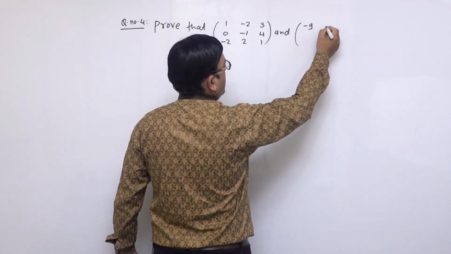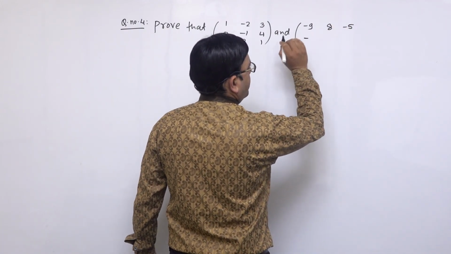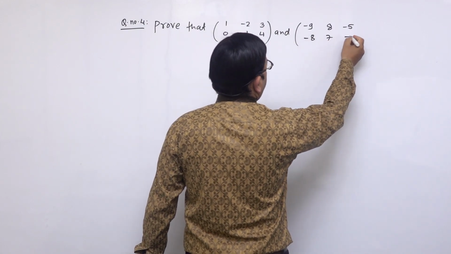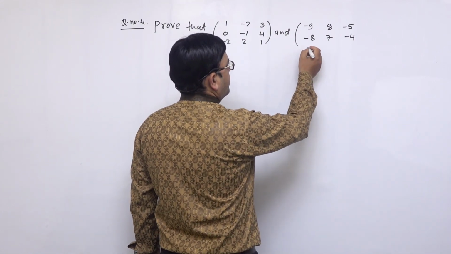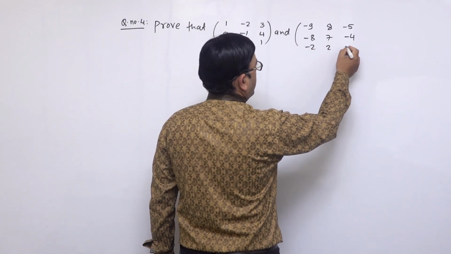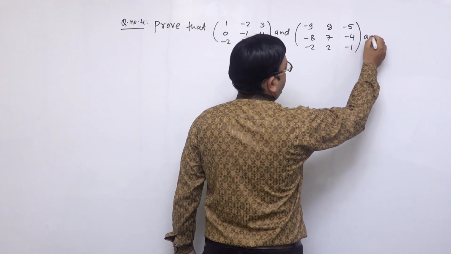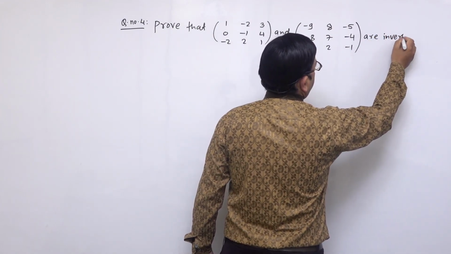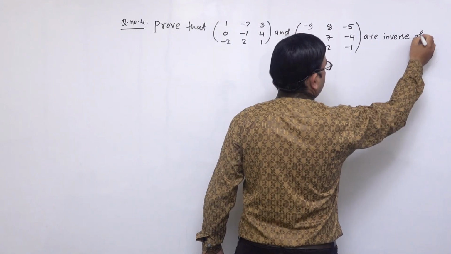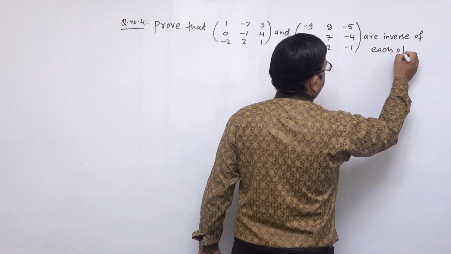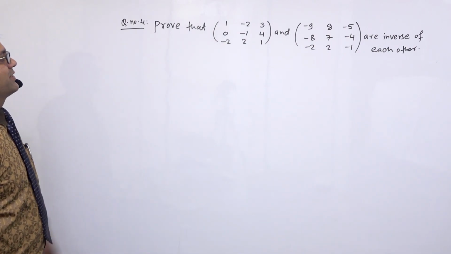Suppose [-9 -8 -5; -8 7 -4; -2 2 -1]. We have to show that they are inverse of each other.